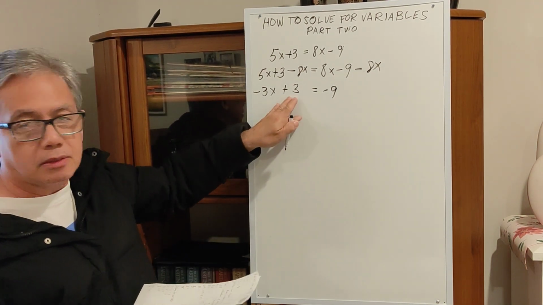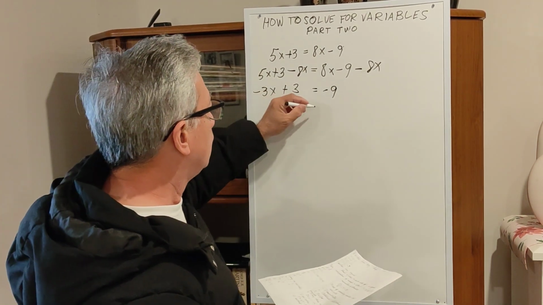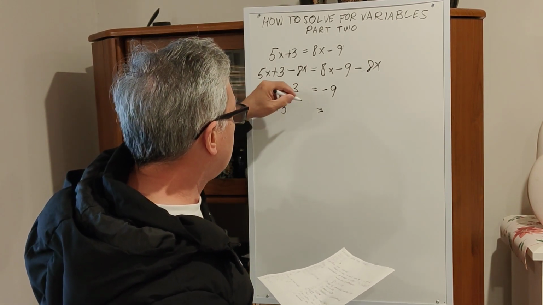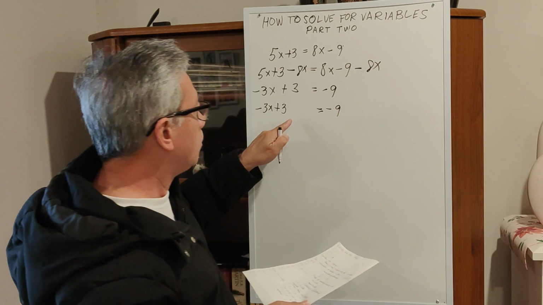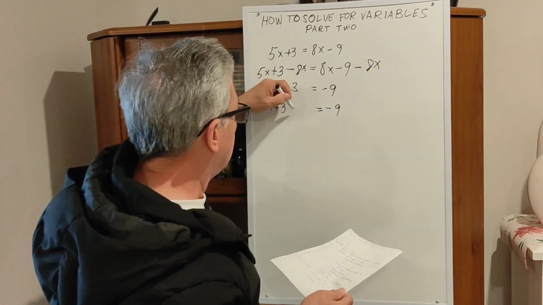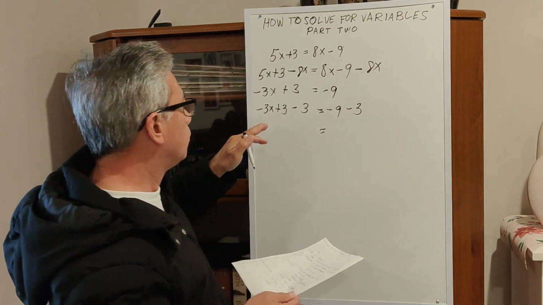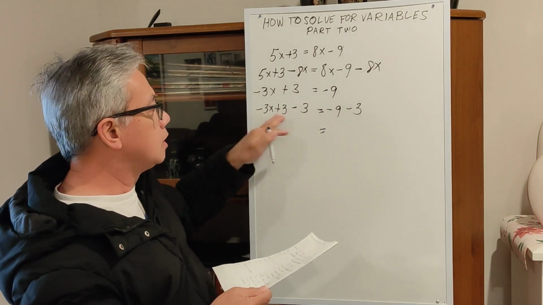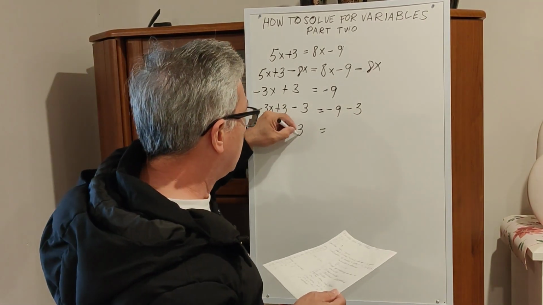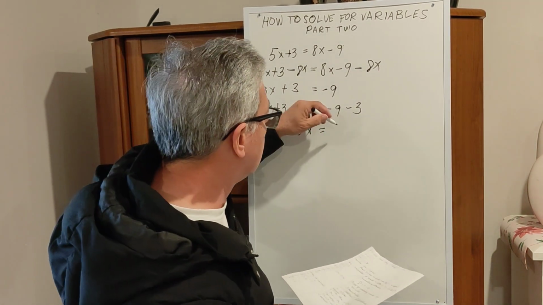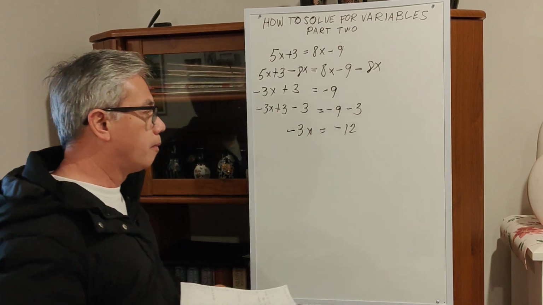Now there's a plus 3 here, so we have to minus 3 on both sides. This one becomes 3 minus 3 is 0. So what's left is negative 3x. And negative 9 minus 3 is negative 12.